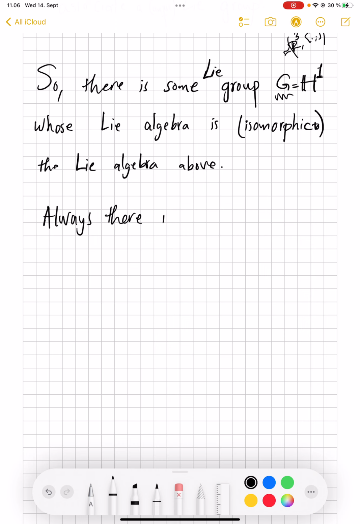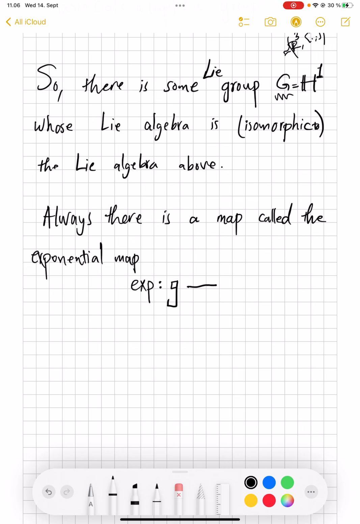There is a map called the exponential map that takes an element of the Lie algebra, the tangent vector at 0, to an element of the group. So there is this connection, and if you have this simply connected thing, this will be a bijective map, and it's also smooth and whatnot.